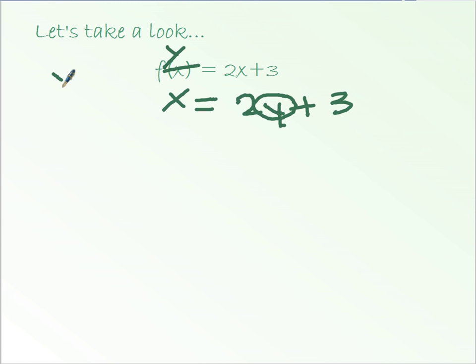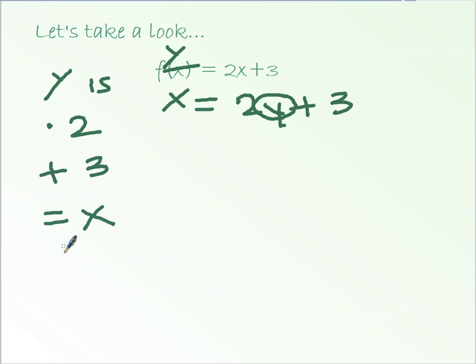So I'm going to start with y, and y is, first of all, being multiplied by 2. Then it's being added to 3. And then all of that equals x.